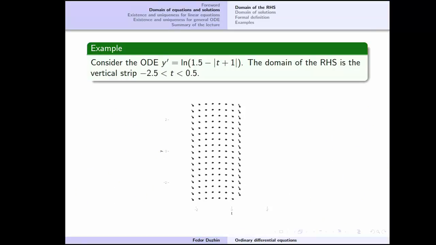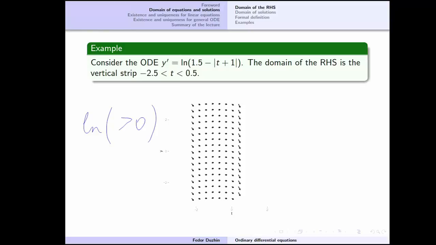Alright, now the next example, same thing, but here the right hand side is again some expression in t and y. It happens not to have y at all, but it's alright. So now notice that it contains a logarithm, and I hope you know that the argument of a logarithm must be strictly positive.